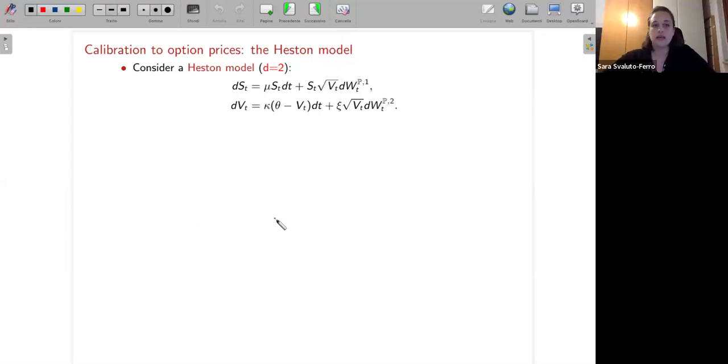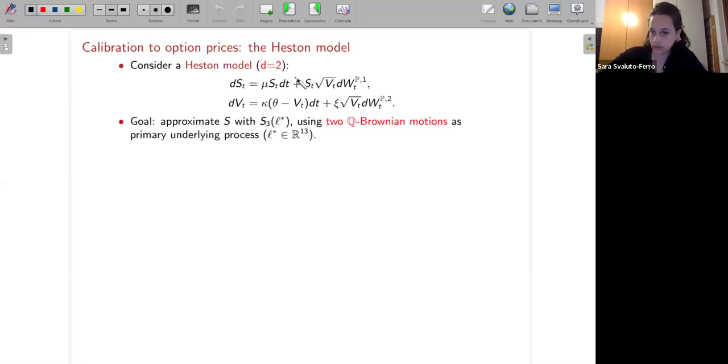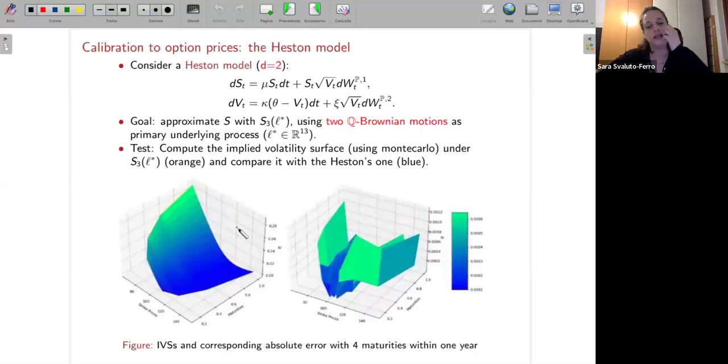We try to fit the implied volatility, so this price surface, of the Heston model, using the signature model truncated at level 3, imposing the no-arbitrage condition, which means that we get a 13-dimensional parameter space.